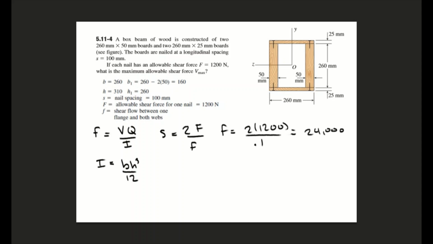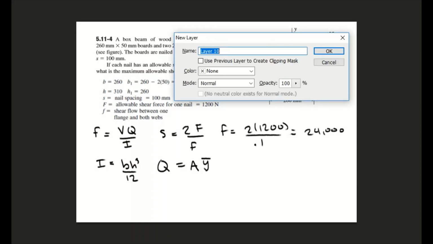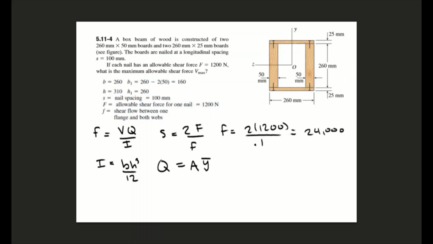The only other thing we need to figure out is Q. Q is a general formula of area above where you're looking at the shear, times Y bar. The book's explanation for Q is a bit hazy, so I'm going to explain this formula because it makes more sense than what they have in the book.